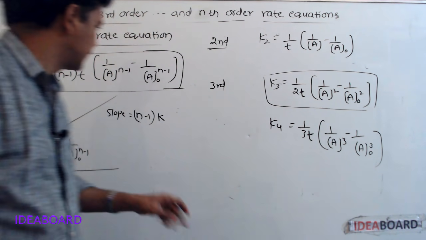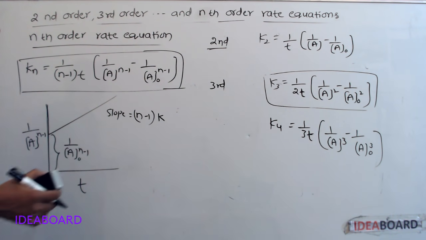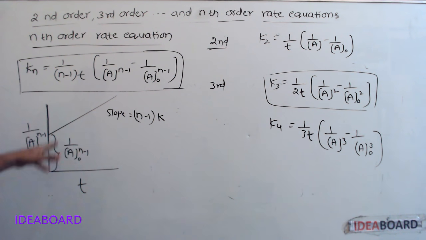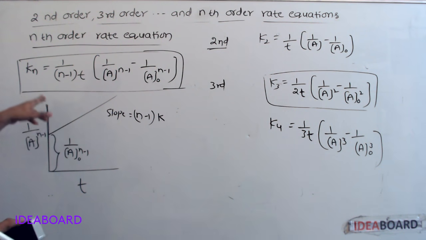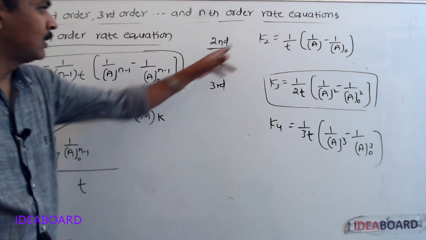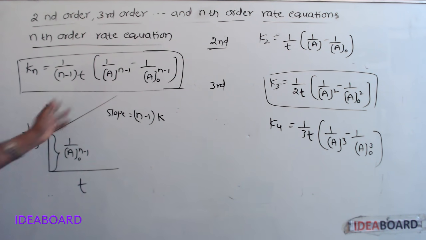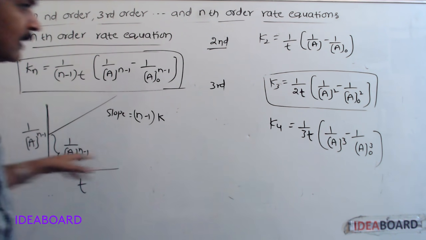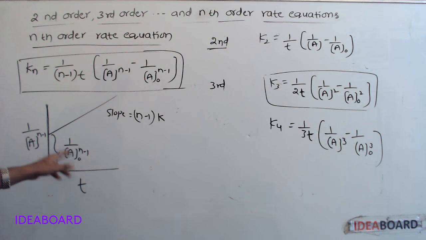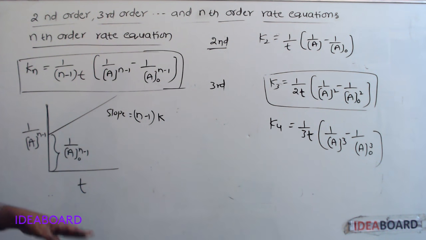In second order reactions, when a graph is plotted between 1 by A concentration and time, a straight line is obtained. Its y-intercept is 1 by A naught and slope is k2. For third order reactions, when a graph is plotted between 1 by A concentration square and time, a straight line is obtained.